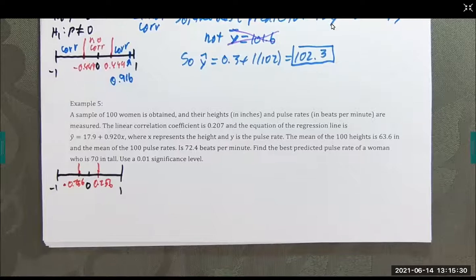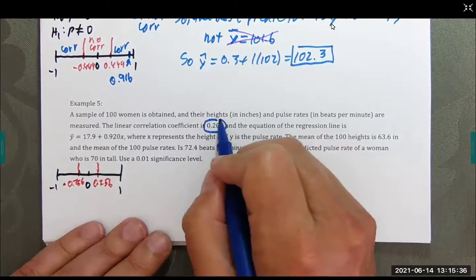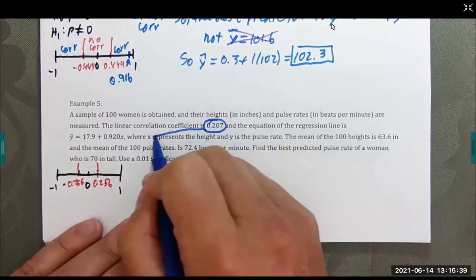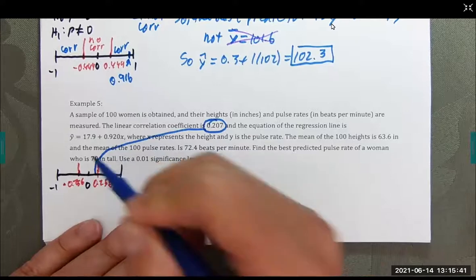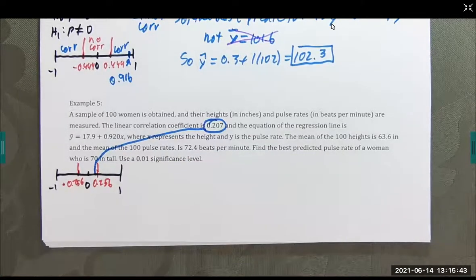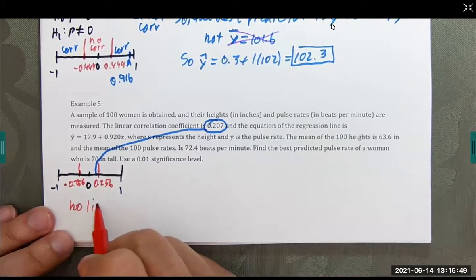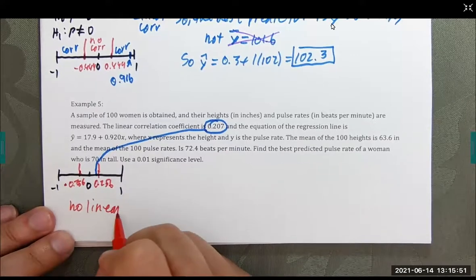And we already know that 0.207 is R, and that is right there. So we're in the non-correlation zone. So no linear correlation.